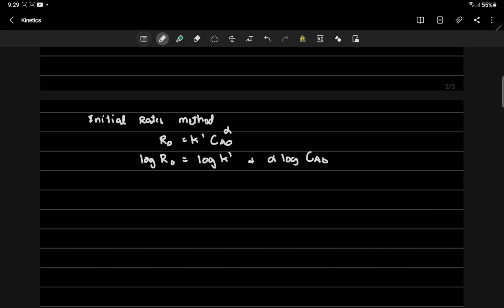Now, if you notice, we have linearized the equation, and therefore, if we're going to plot the log of the initial concentration of the reactant in your x-axis and the log of your initial rate in your y-axis, you will get alpha as the slope of the line.